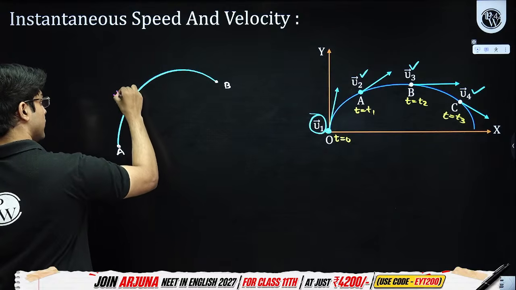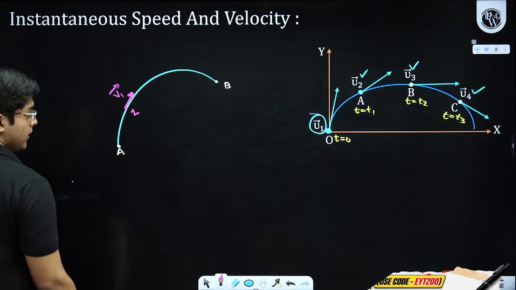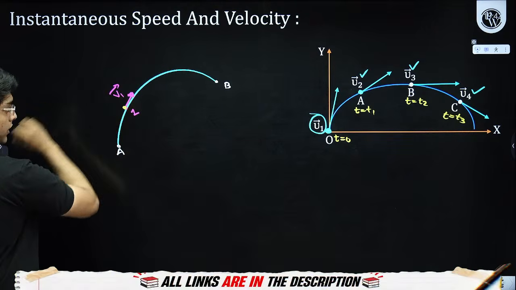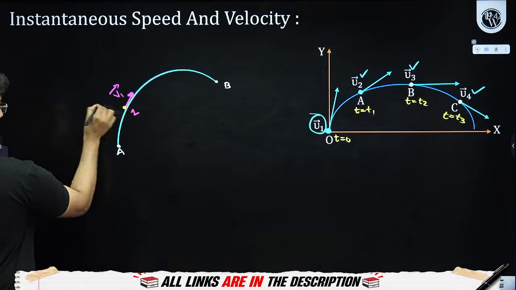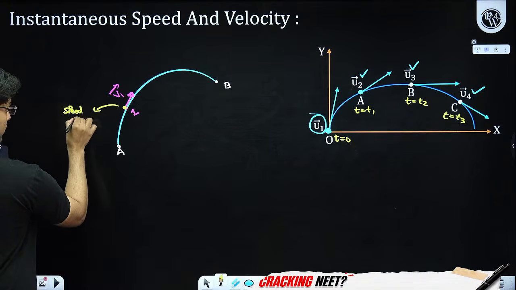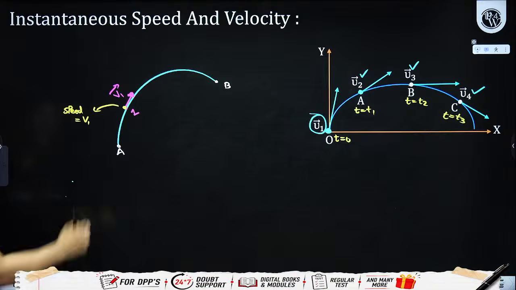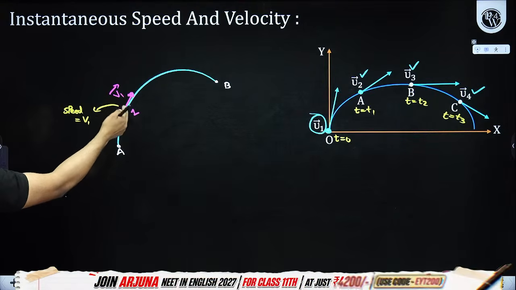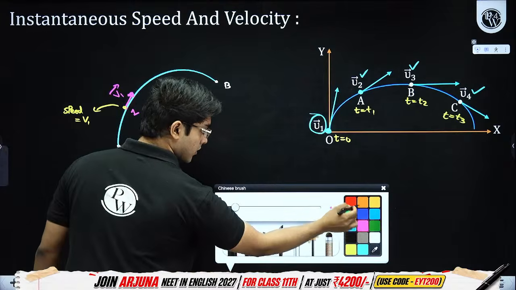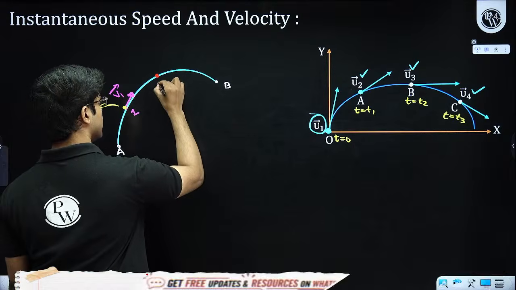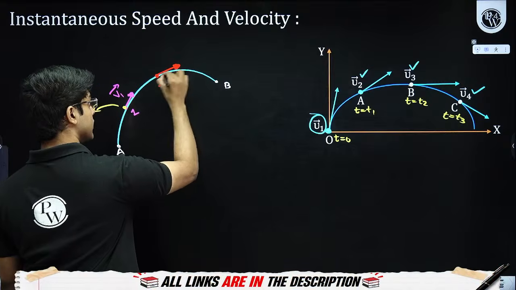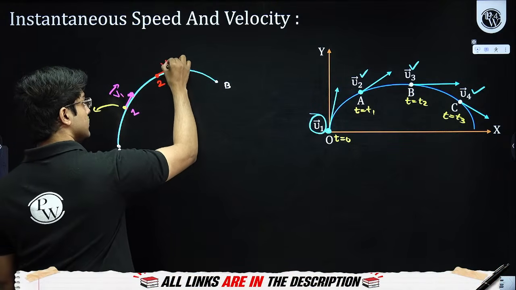Here the velocity will be v1 vector, and the speed at this point will be the magnitude of the velocity vector. So speed here will be v1, and these are both the instantaneous speed at this point. Then at a second location, let's say 2, if you want the velocity, it will be in this direction along the tangent at this point, and let's say this is v2 vector.